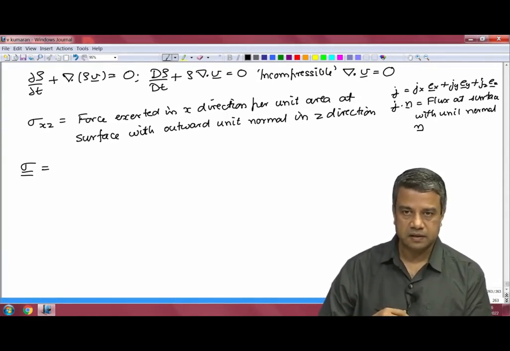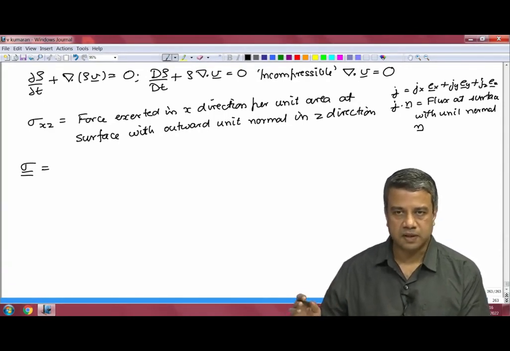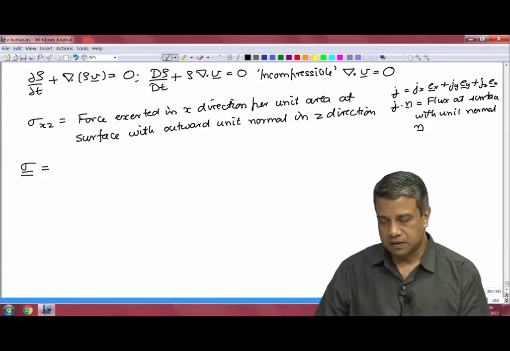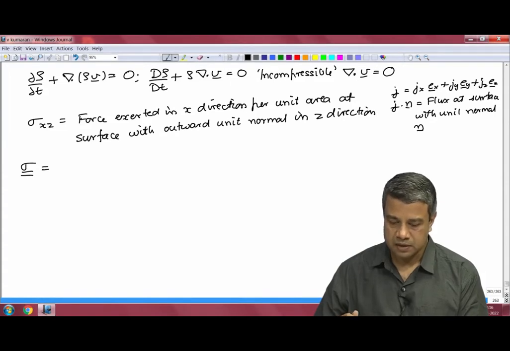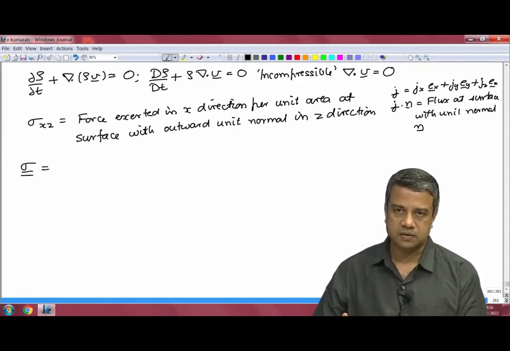Force per unit area is a vector, and the direction of transport is also a vector. It can be aligned in any direction in space. So both the force and the direction of transport have directions associated with them. The stress has two directions associated with it.